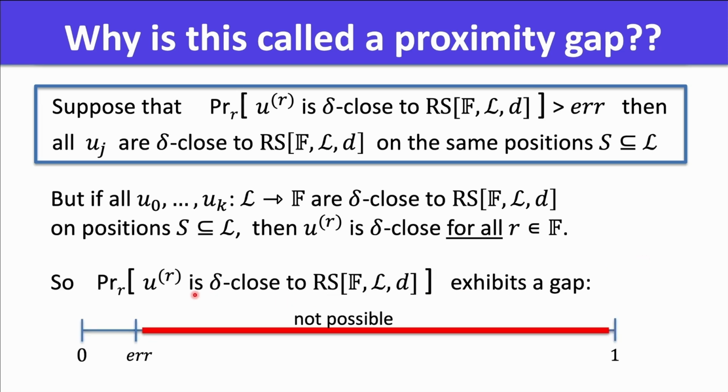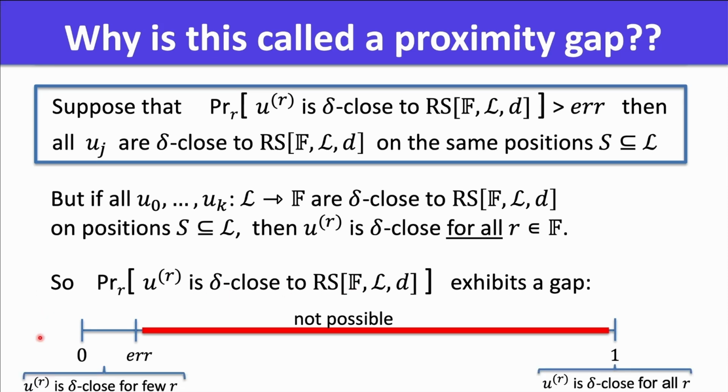So the probability of how likely u superscript r is to be delta close to the code exhibits a gap, meaning we can only be in one of two worlds. Either u superscript r is delta close for a negligible number of r's, or u superscript r is delta close for all r. It's not possible to be anywhere in the middle. There's a gap between these two worlds. Either u sub r is hardly ever close, or it's always close to the code. This is why it's called a proximity gap, and it turns out this is an incredibly important tool for all hash-based codes.